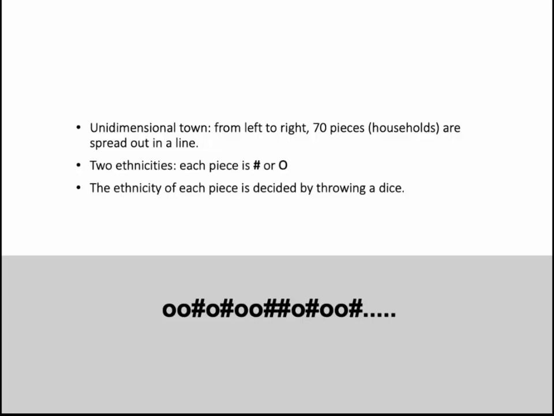So this is now our very simple one-dimensional world. And now we can say, okay, well, we have two ethnicities here, hashtags and circles, and the ethnicity of each piece at the beginning is decided just randomly. So we create something like that just completely randomly. This is now a random generation. Yeah? Every time I threw a coin or a dice, and that either made it a circle or made it a hashtag.